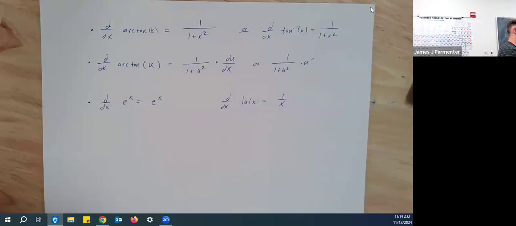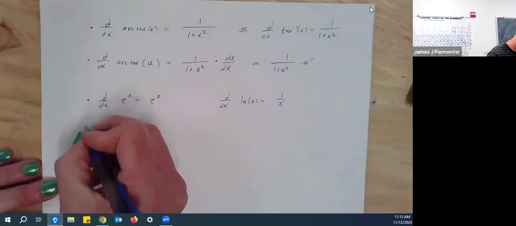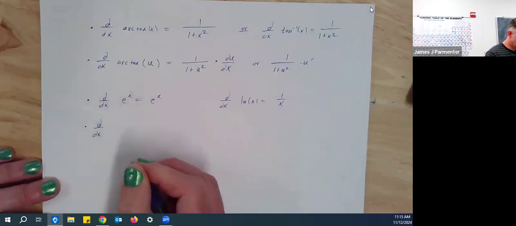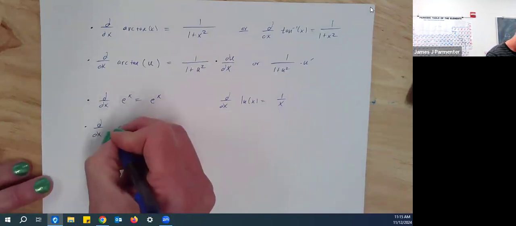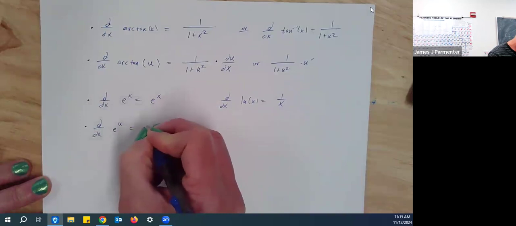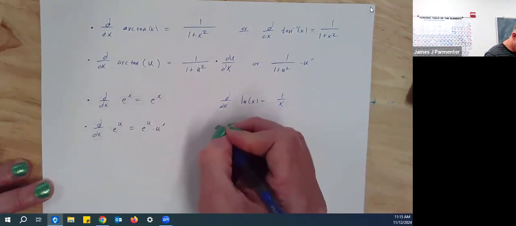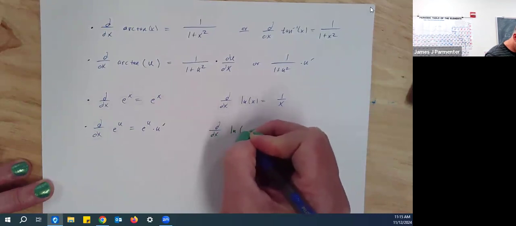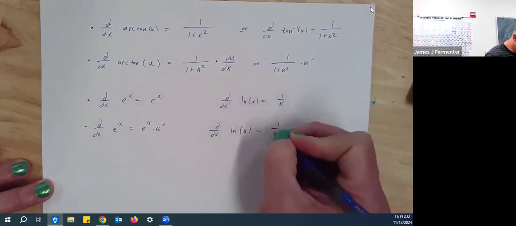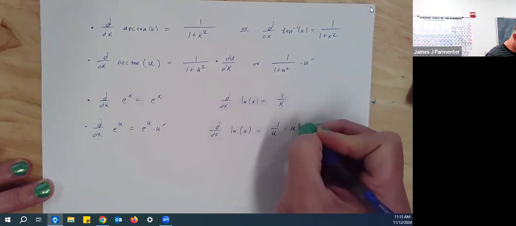And then we have the chain rule version. The derivative of e to the stuff is e to the stuff times the derivative of the stuff. And the derivative of the natural log of some stuff is 1 over the stuff times the derivative of the stuff.